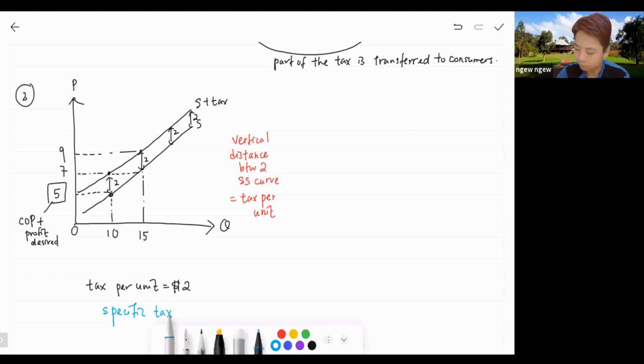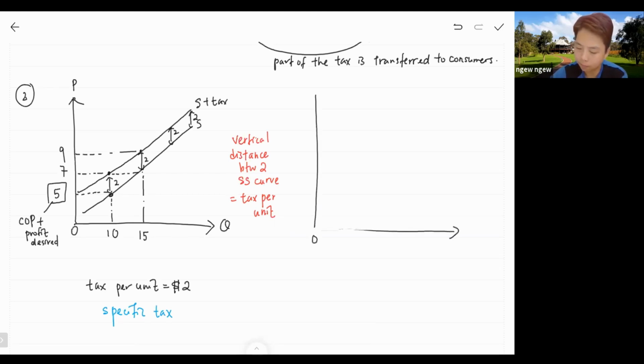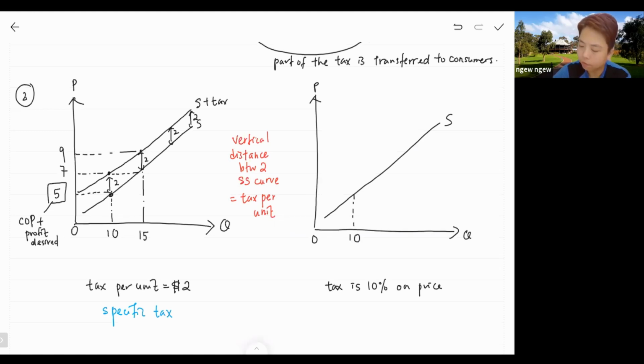Next, we have another type of indirect tax system. Again, let me draw the basic diagram first. This is where the tax is imposed as a percentage on your price. Let's say 10%. Originally, when firms are offering 10 units, they're asking for, let's say, $10 per unit.